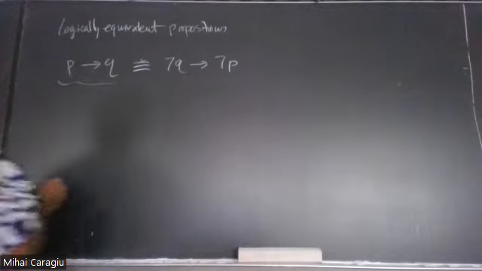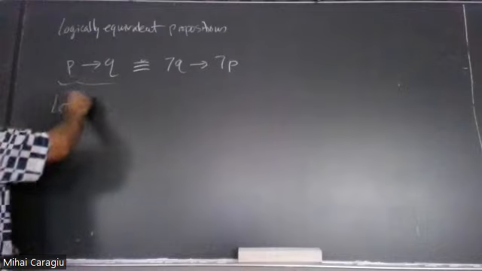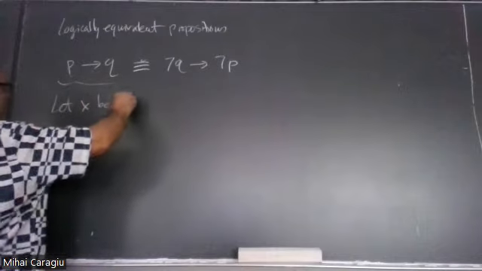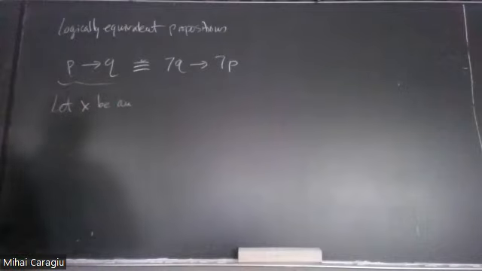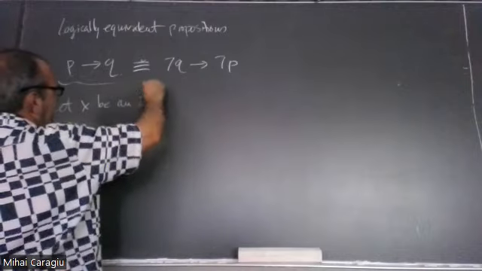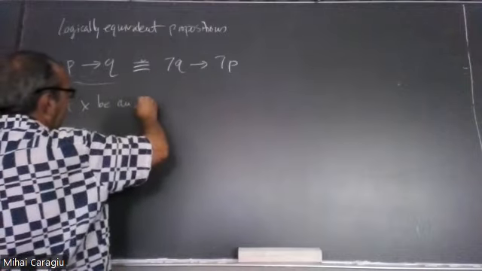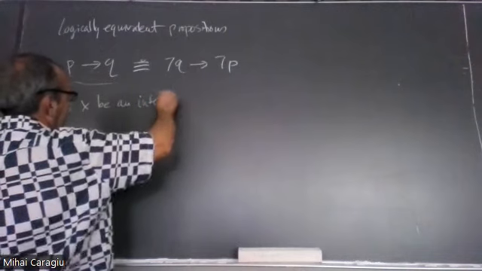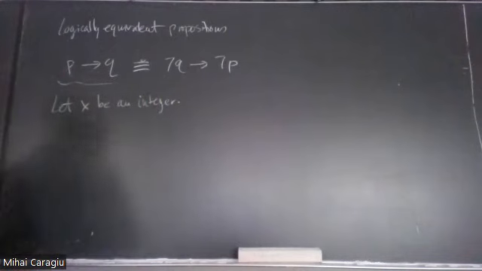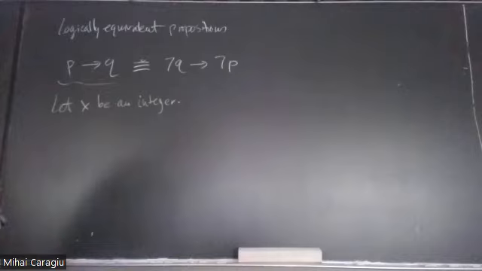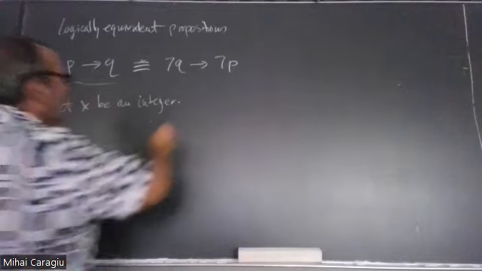Okay, so let's see. Let x be an integer. That's our first primitive proof. Prove that if x squared is odd, then x is odd.